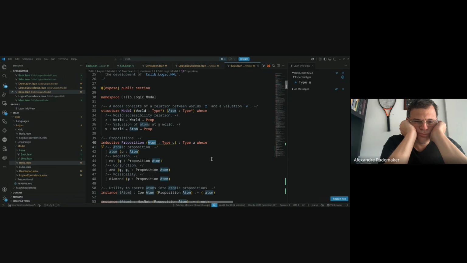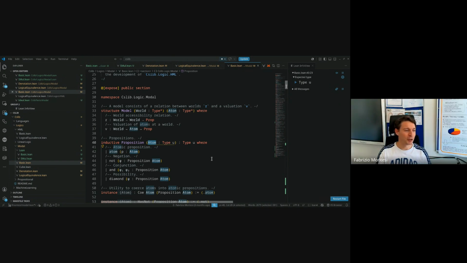Do I obtain a modal logic on Lean propositions? Can I use modal logic to reason about Lean statements? And the answer, which will hopefully be clear in 5 minutes, is yes.